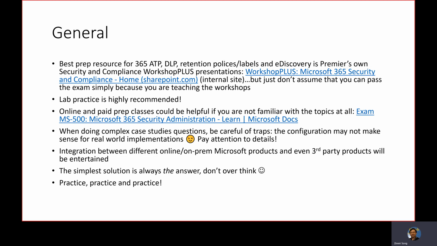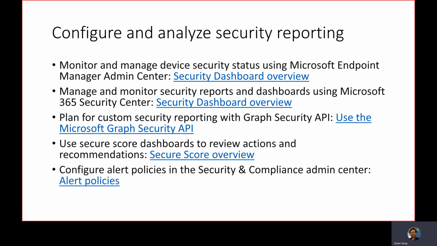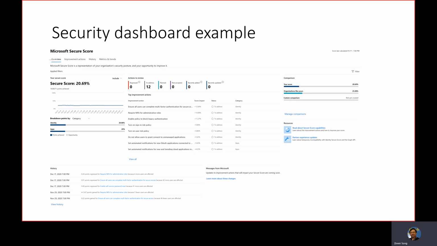Let's dive into the actual knowledge points. Configure and analyze security reporting. This one is pretty straightforward. We have the security dashboard, and over there you will have access to information about the security score, and most importantly, the system will generate actions that you can take.